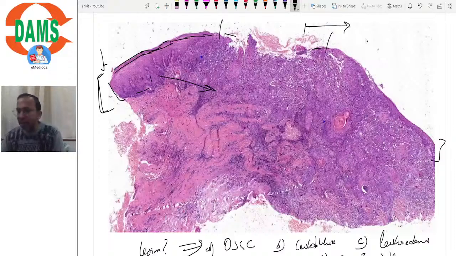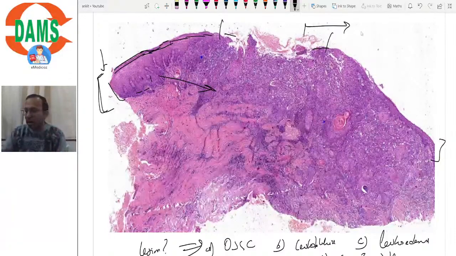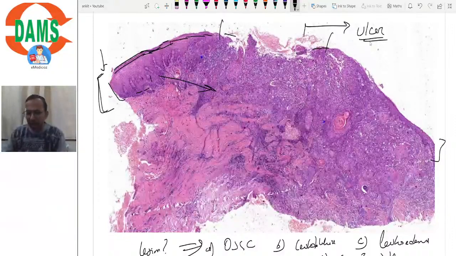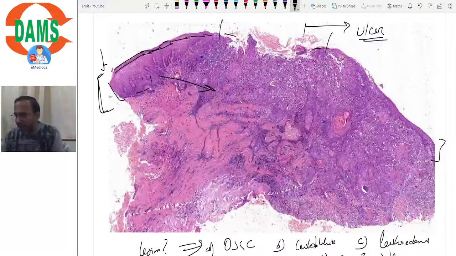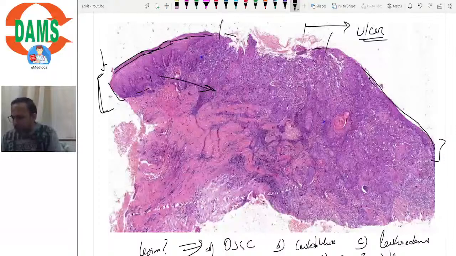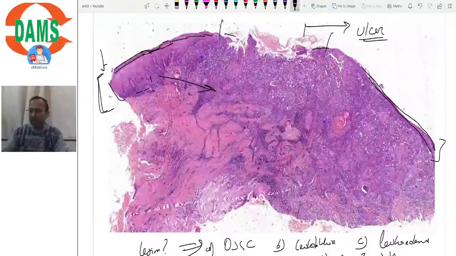So we can say that there is loss of epithelium, and when there is loss of epithelium, what do we describe this region as? We can describe it as an ulcer. So we have an ulcer here. Then again we have epithelial continuity here, isn't it? The superficial layer of the epithelium is again there, that is the stratum corneum in this case, right?